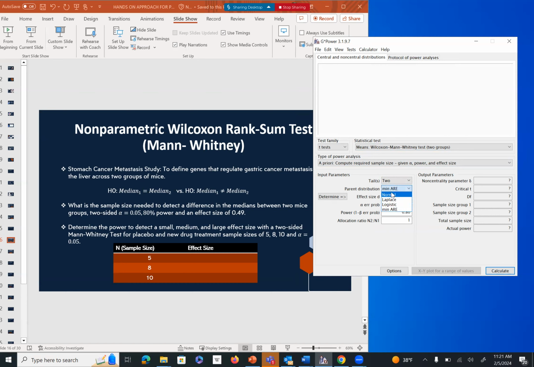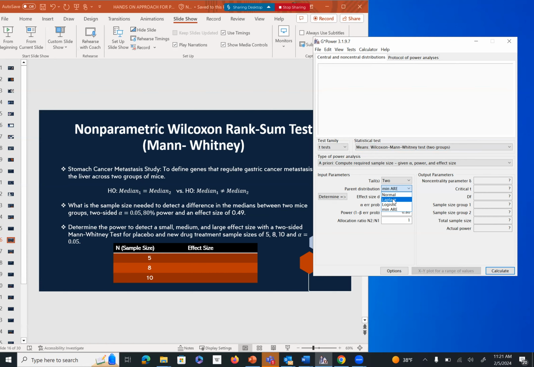Parent distribution normal pretty much assumes that there's normal distribution. The parent distribution Laplace is the distribution between the two independent variables with identical exponential distributions. If they're exponentially distributed, it's usually used to model data that have heavy peaks or heavy tails in their distribution.